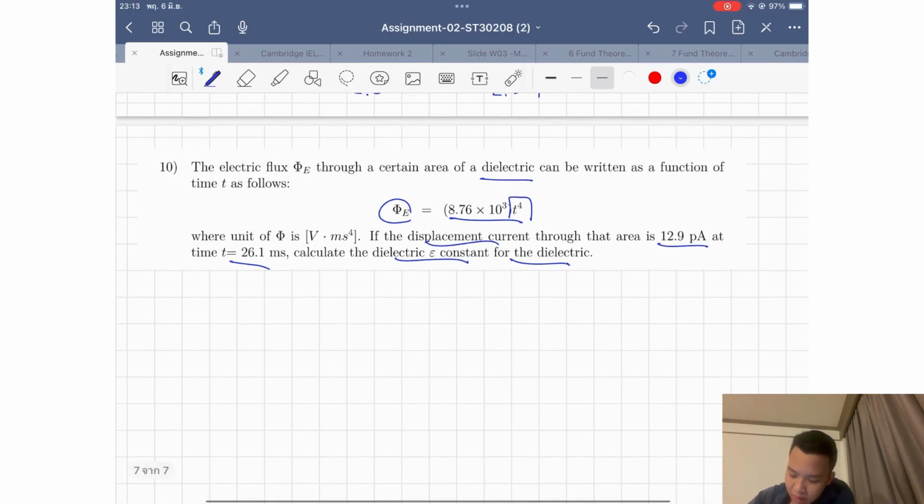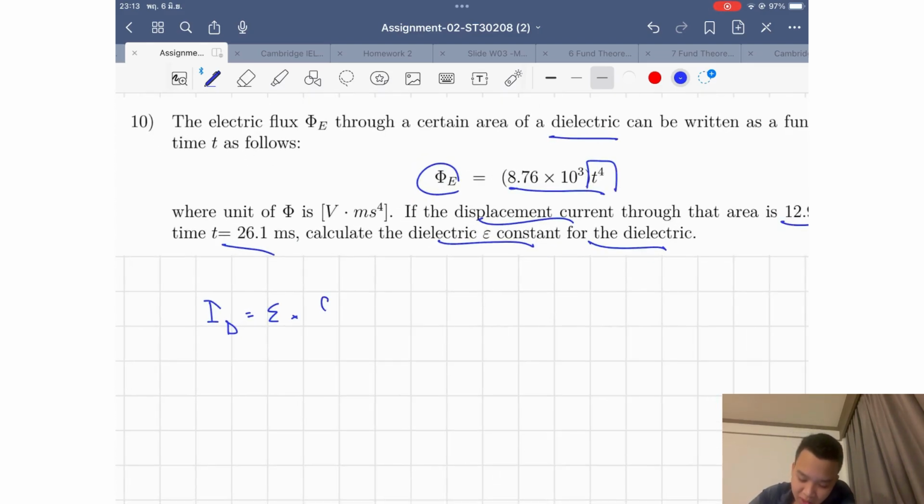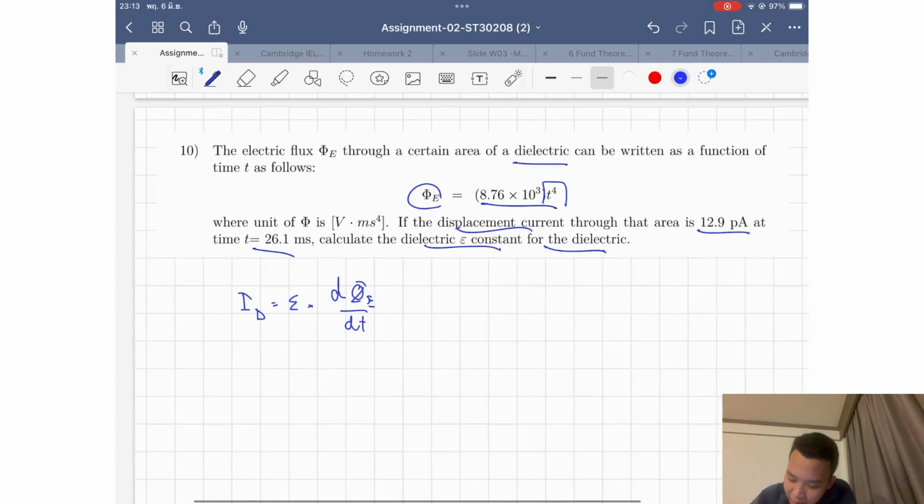So that's great. The displacement current equals epsilon, the permittivity, times the change in the electric flux. And the displacement current is equal to 12.9 picoampere.